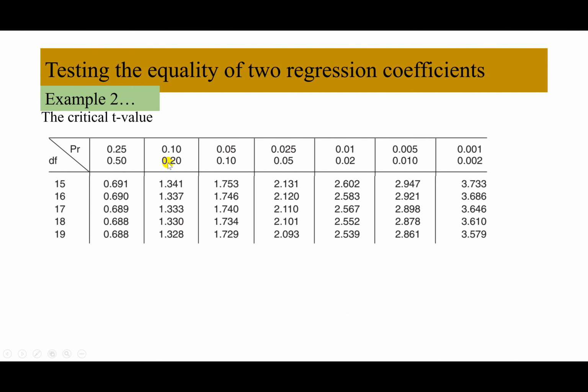Here is part of the t distribution table. We have 17 degrees of freedom, and for 17 degrees of freedom at the 5% level of significance, the two-tailed critical t value is 2.11.